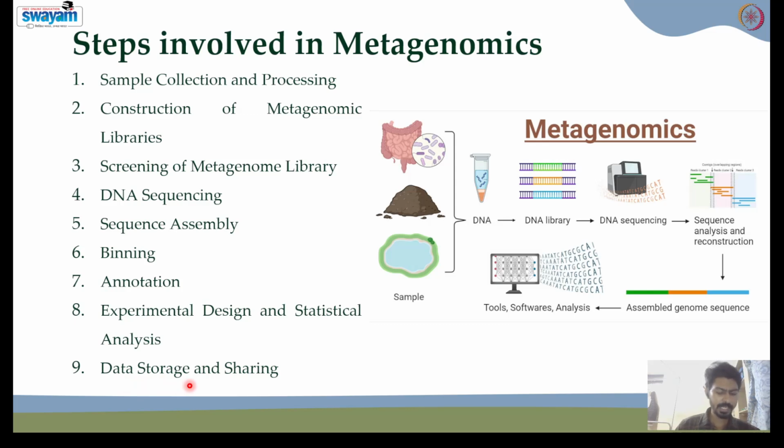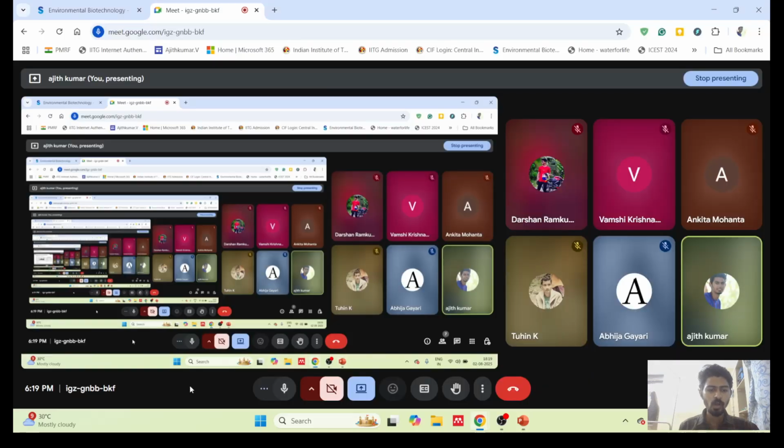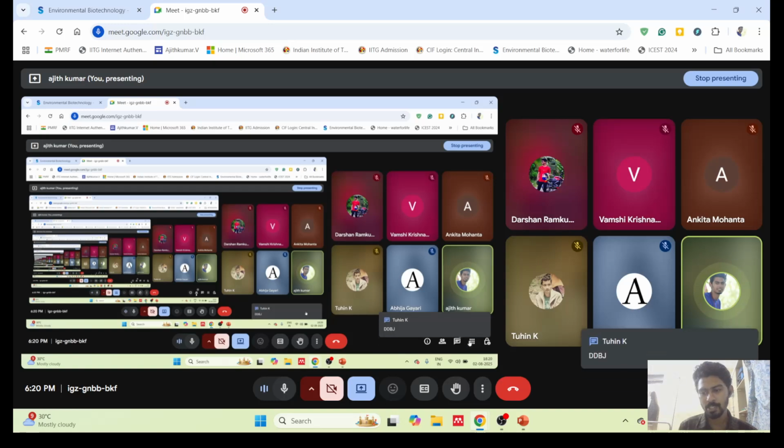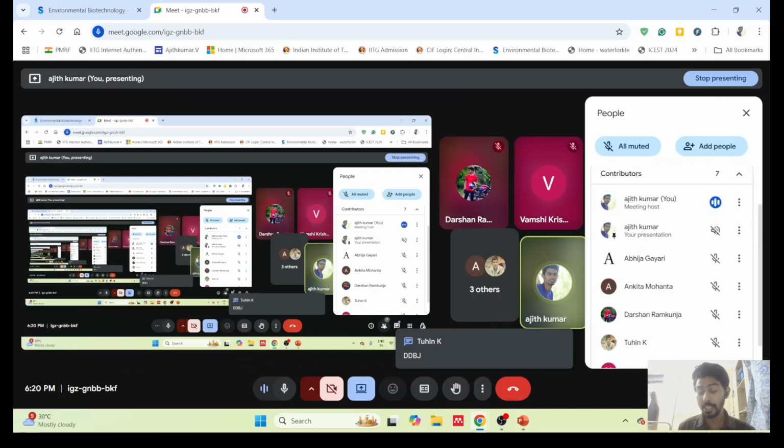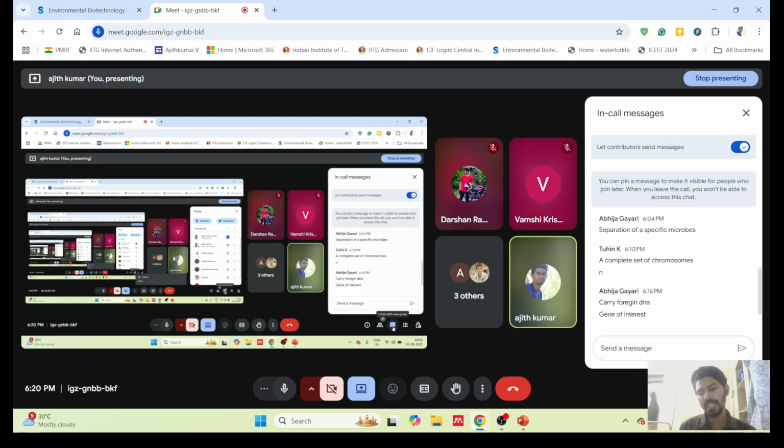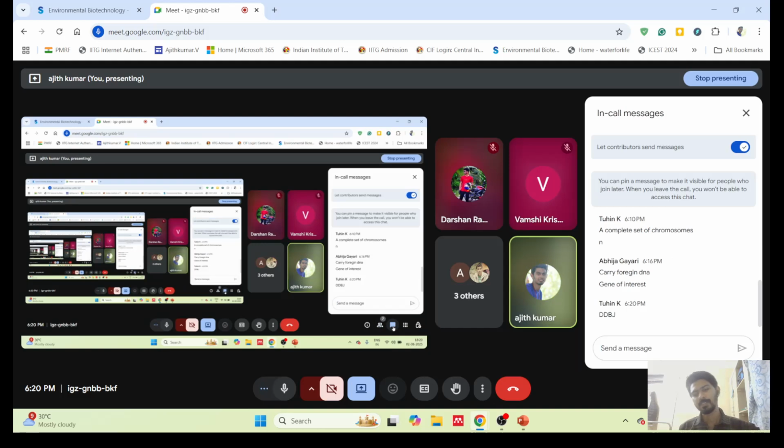So, any database that you know? Have you come across any database that stores this gene information? What kind of libraries are there to store this information? Yes, DDBJ. Any other? What kind of database?